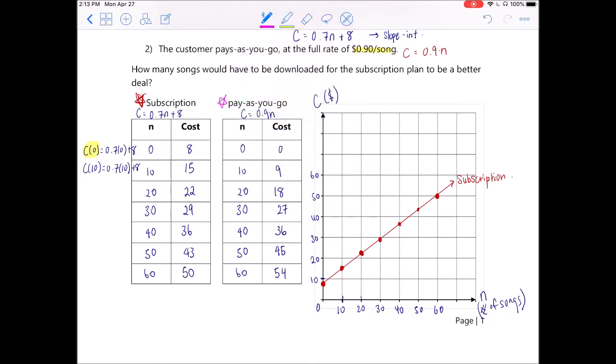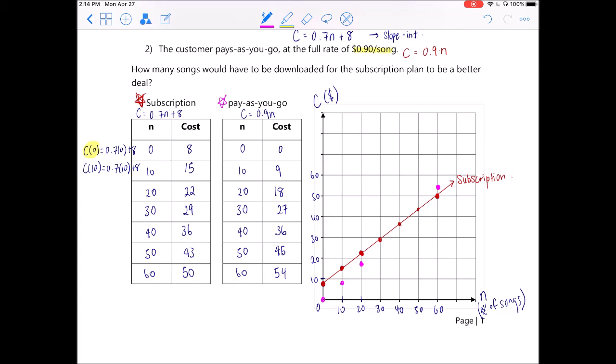For the pink one, pay-as-you-go, when n is 0, cost is 0, so we start at the origin. When n is 10, cost is 9. It looks good, and you continue. Then 20 and 18, somewhere here. And I'm going to go all the way up to a value I know: 60 and 54, somewhere here.